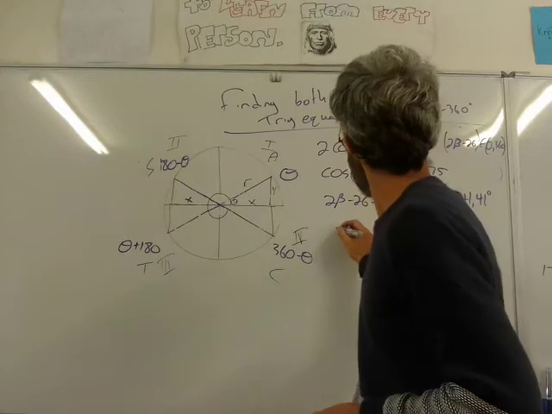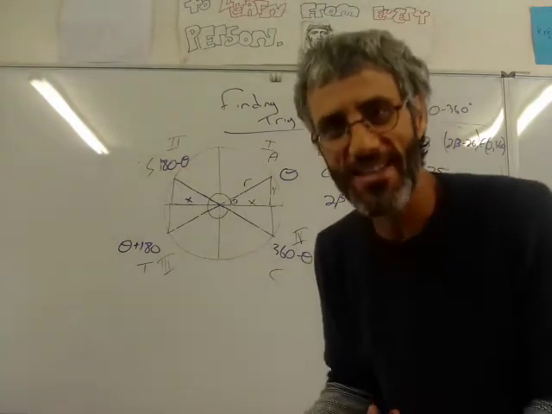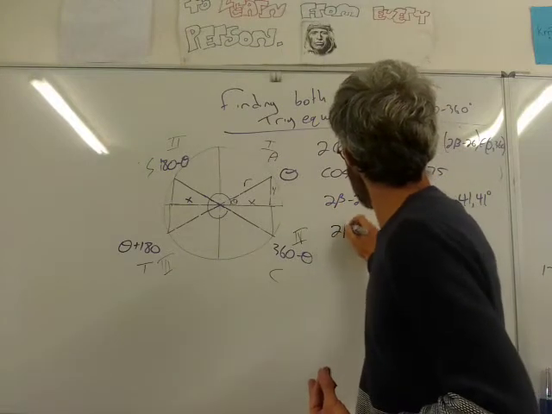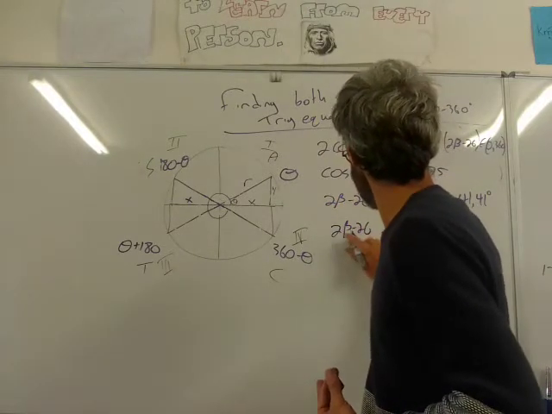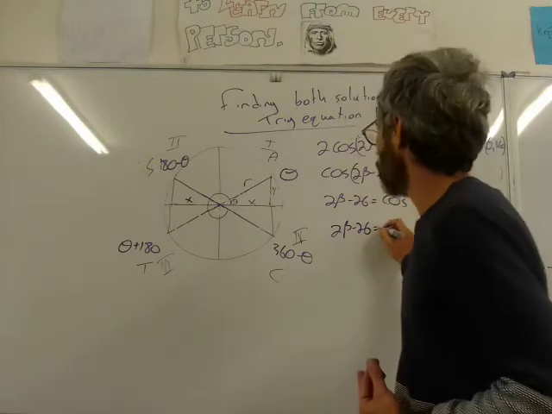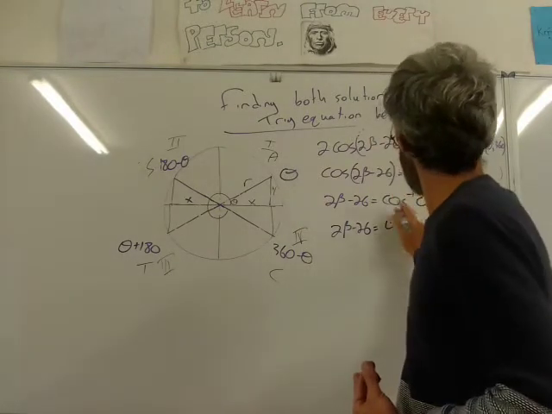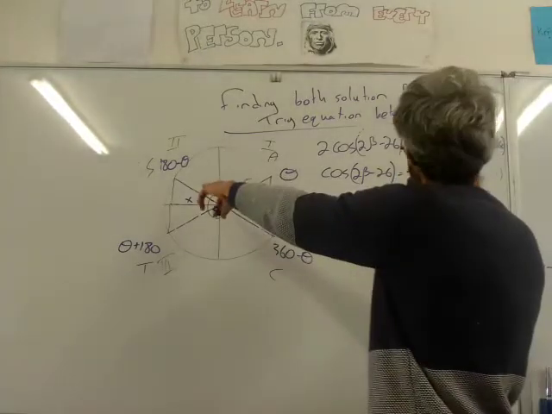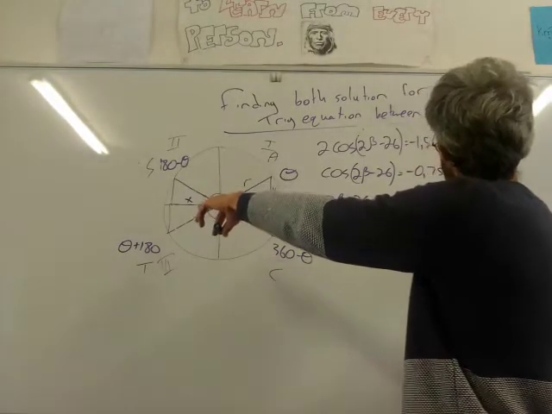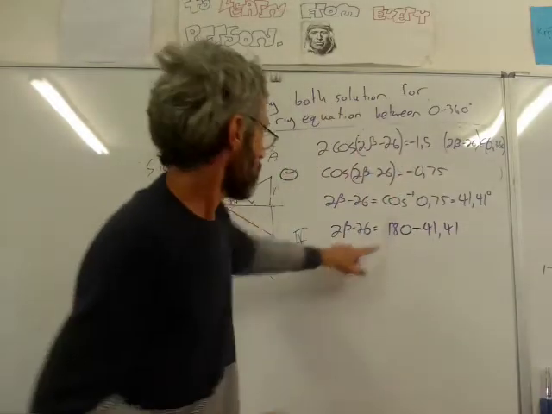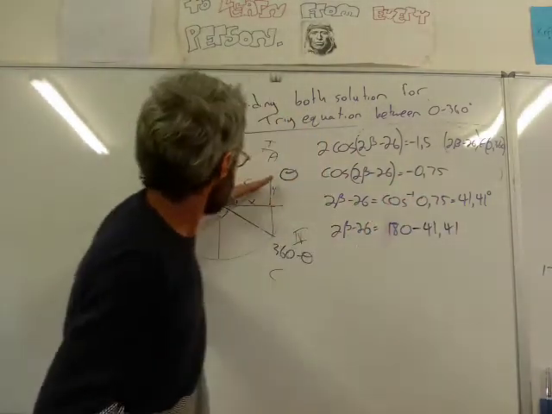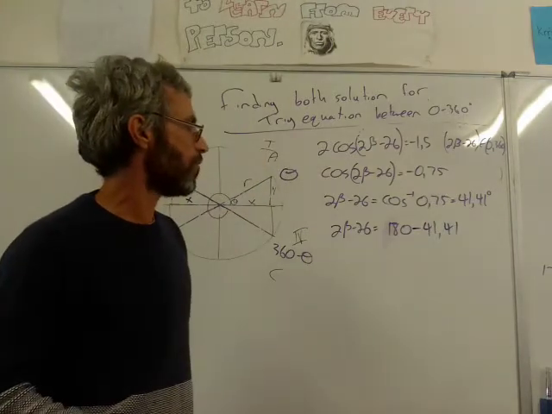So for the first one, instead of calling it theta, remember the theta is this whole thing here: 2 beta minus 26 equals 180 minus 41.41. So I take that 41.41 and do 180 minus 41.41.